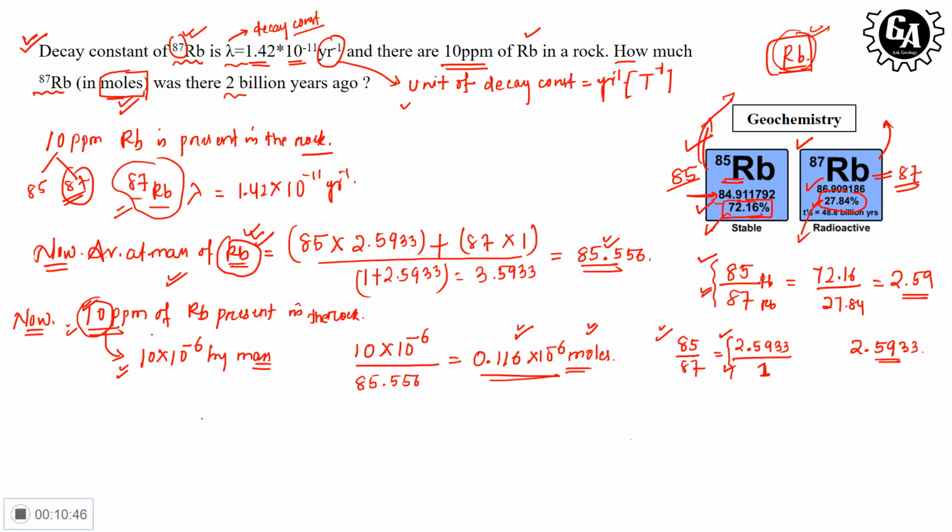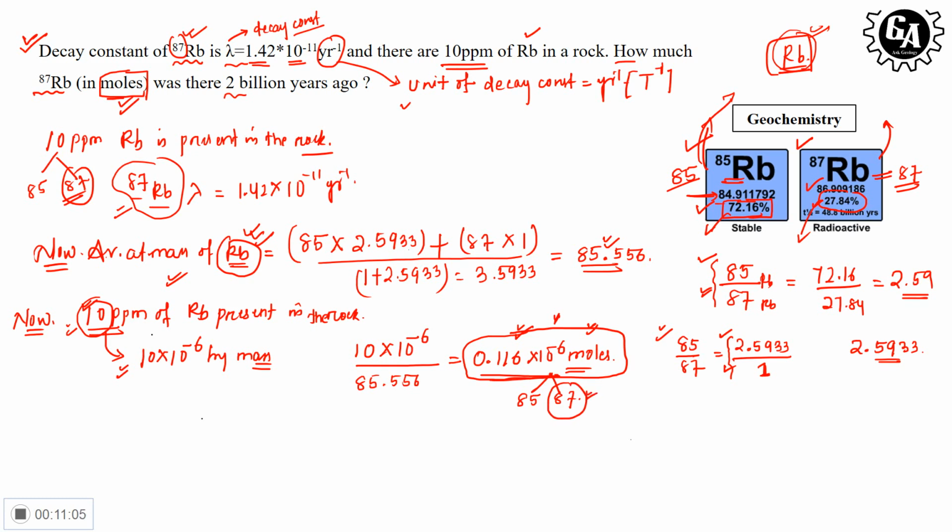Now from this 0.116 into 10 to the power minus 6 moles, we'll calculate what is the percentage of 85 and what is the percentage of 87, and we are only calculating for 87.